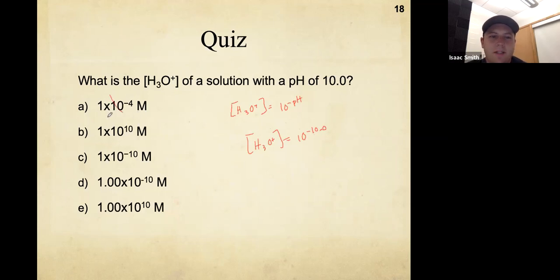That pretty much rules out A, rules out B, and rules out E, right? Now we have 10 to the negative 10, which is just 1 times 10 to the negative 10.0, so we just need to know how many decimal places should be at this 1. We have 1 decimal place on the pH, which means we have 1 significant figure in the concentration. So that should be C.